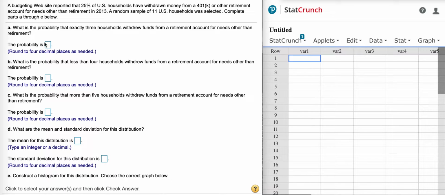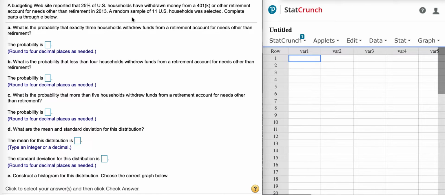So if we look at this, each of the 11 people that I look at have a 25% chance. And so we're assuming that this is a random sample, in which case the probabilities are independent of each household withdrawing money. So we're looking at a fixed number of observations, n equals 11, a fixed probability for each of the observations of 0.25, the probability that they withdraw money for something other than retirement.